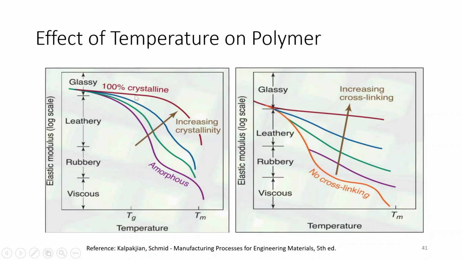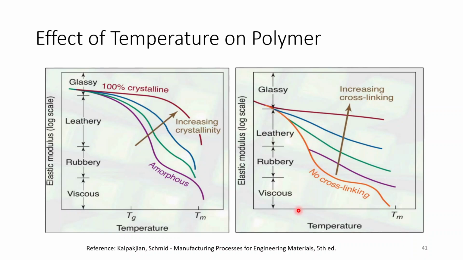For 100% crystalline, the elastic modulus will change in this way, but in other cases, having partial crystallinity and partial amorphous nature, your material will behave in this particular fashion. So it won't come down at a particular rate, but it will shift in this way.